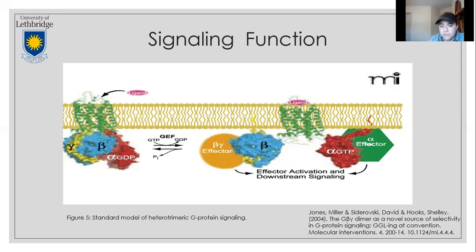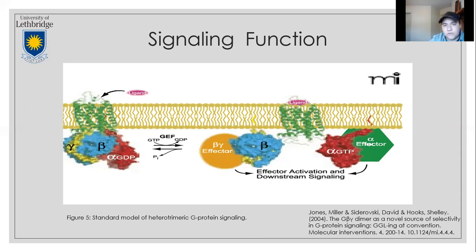For the GTP-bound alpha subunit to activate the target proteins, we have to relay the signal to other components in the signaling cascade. Eventually, the alpha subunit will hydrolyze the GTP to GDP, which in turn is going to inactivate the subunit.